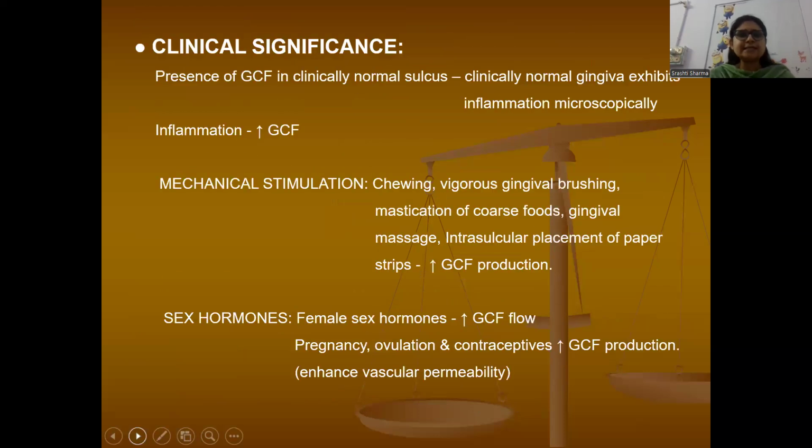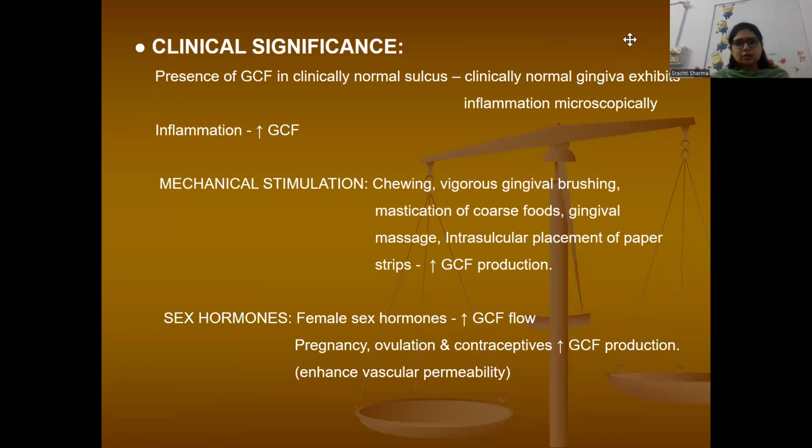So now clinical significance. Presence of GCF in clinically normal sulcus is normal. Gingiva exhibits inflammation microscopically. Inflammation means increased GCF. Mechanical stimulation, that is activities like chewing, vigorous gingival brushing, mastication of coarse food, gingival massage, intracrevicular placement of paper strips, results in higher GCF production.